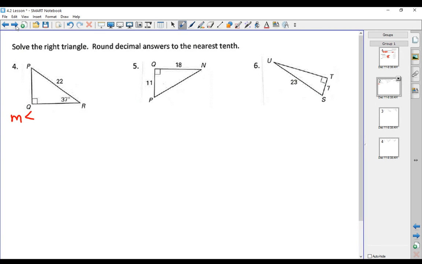We want to know the measure of angle P, the measure of angle Q, and the measure of angle R. We want to know the side length PQ. We want to know the side length QR, and we want to know the side length RP.